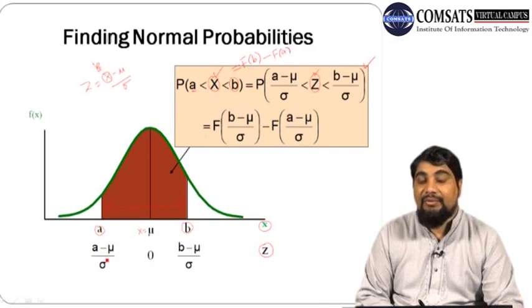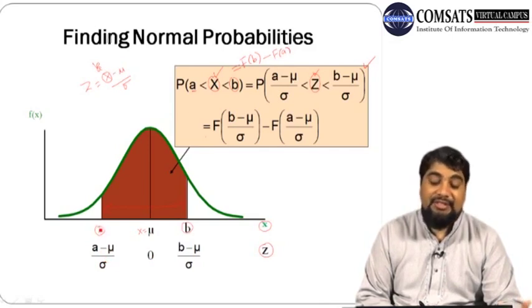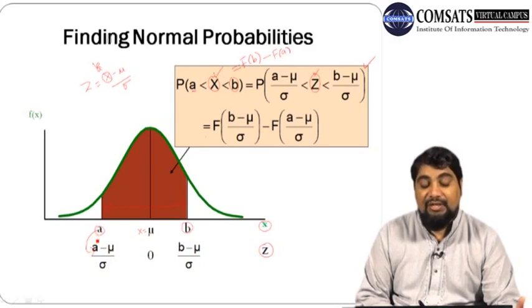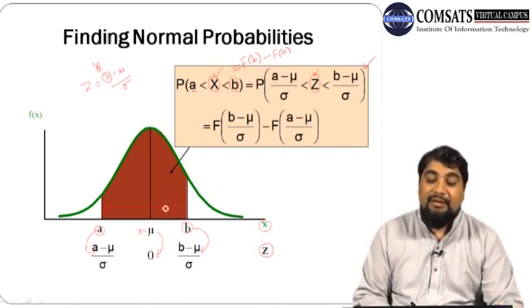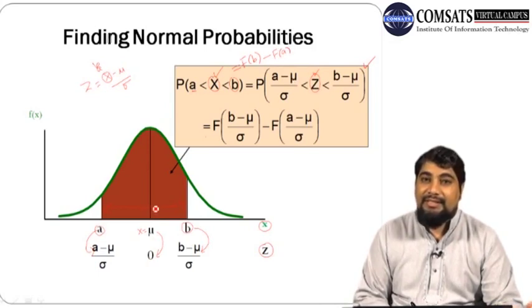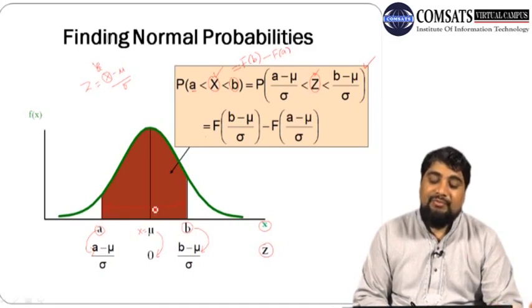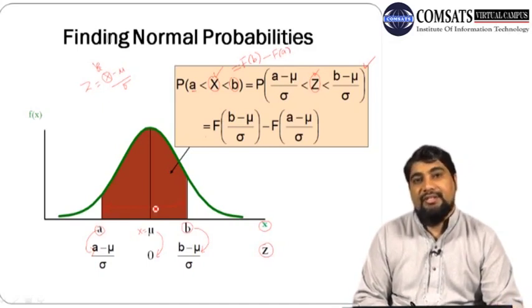You can see that only the scales have been changed: a is transformed to get a new variable, b is transformed to get a new variable, and mu is transformed to 0. Now the question is exactly the same, but if we convert the random variable x into random variable z, we can calculate probabilities relatively easily.